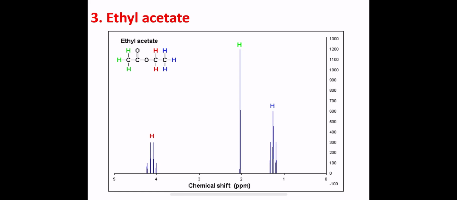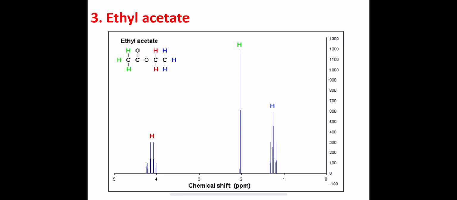Ethyl acetate has 3 different chemical environments containing protons. One is CH3, which is shown in green color, another is CH2, which is shown in red color, and another is CH3. Even though there are two methyl groups located at both ends of ethyl acetate, the chemical environment of this methyl group is different from that of the other.